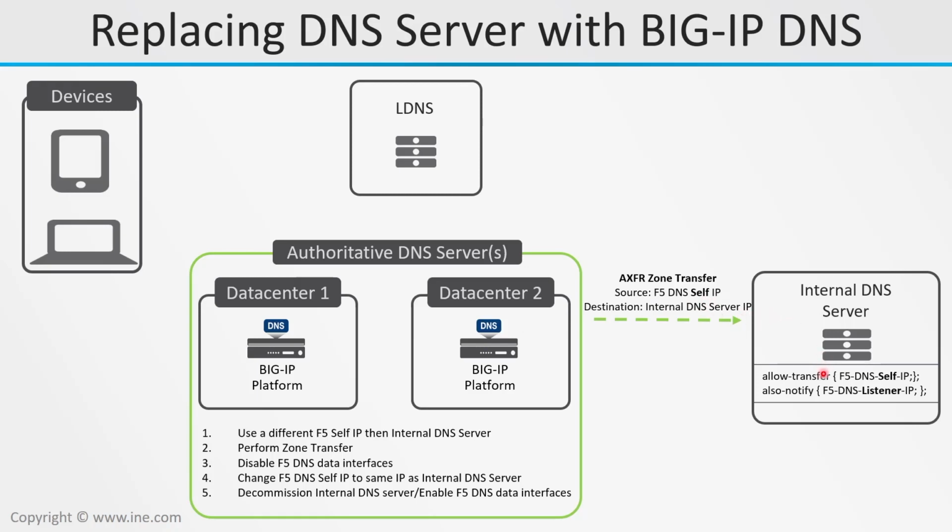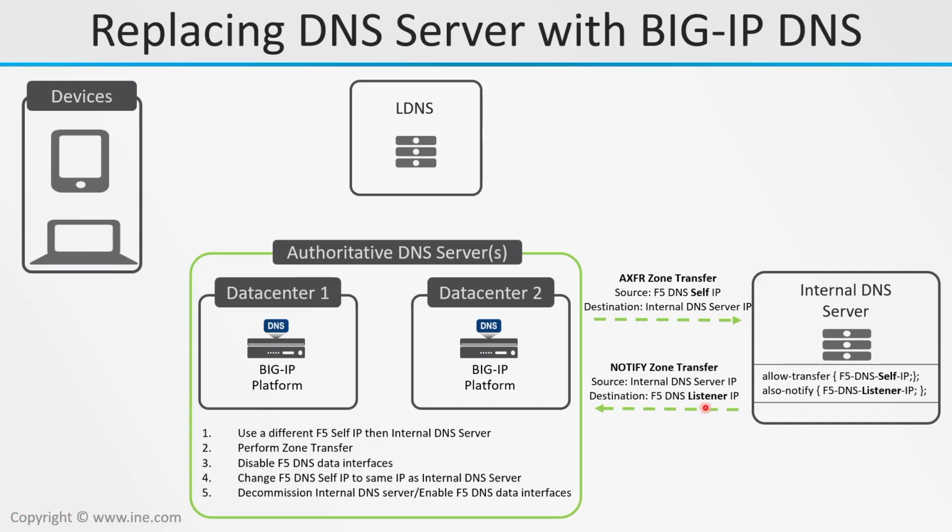Okay, and you'll see different structure laid out through different DNS systems, but you'll see some mention of an allow transfer and also notify. The allow transfer message has to have the IP address of the F5 DNS self IP address. The also notify will list the listener. So the DNS server will notify the listener address.